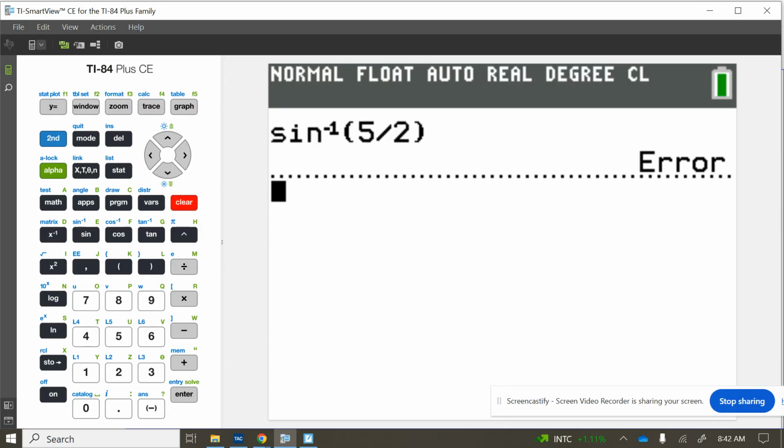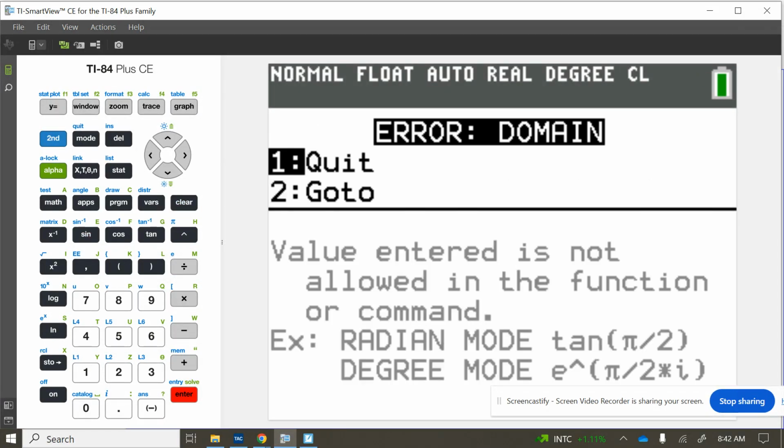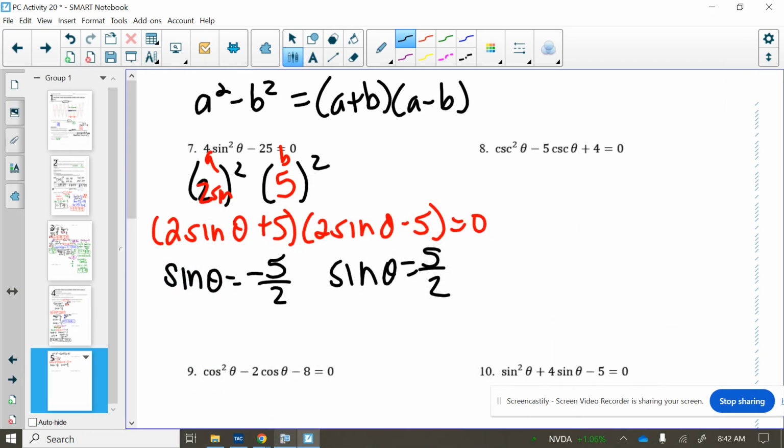So it gave us an error message. And again, this is even going to be true for the negative 5/2. If you want to look at it that way, we get that error message because that is too big of a value. Okay, so what's happening is actually both of those with the sine are not possible. So we would say there is no solution officially to this particular example.